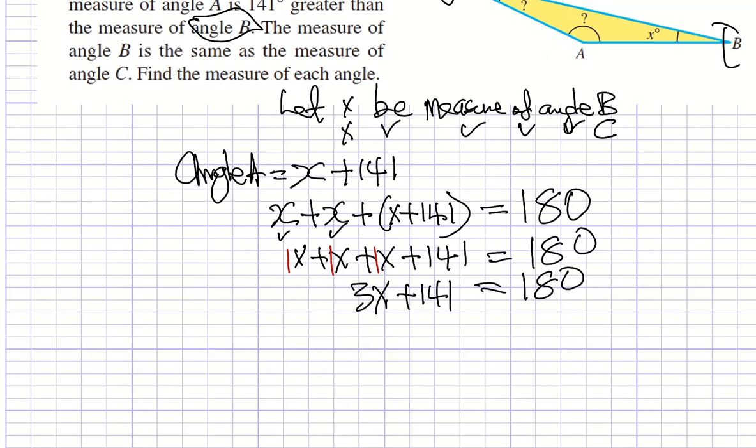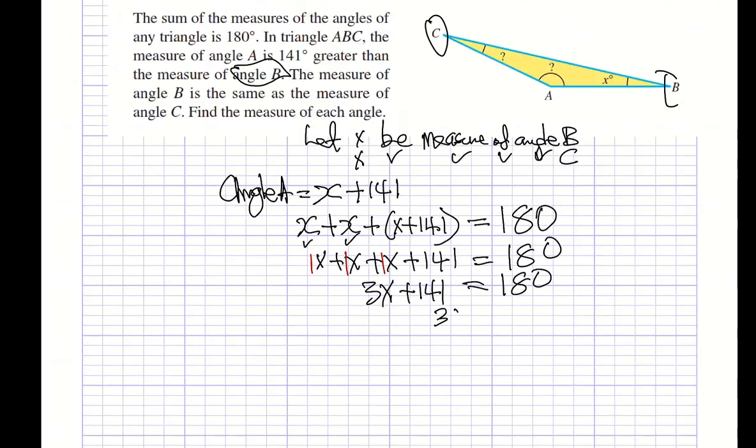So 3x is equal to 180 minus 141. What is 180 minus 141?